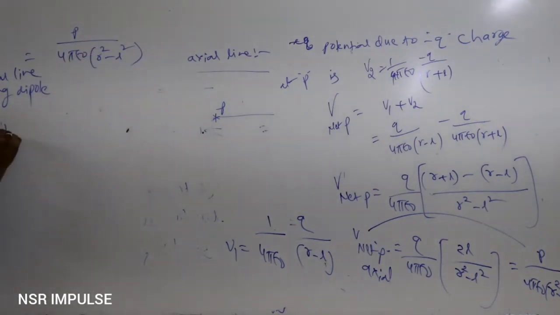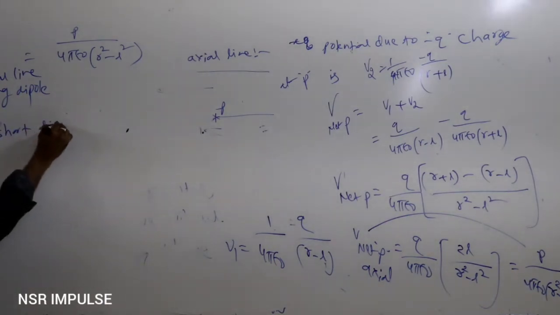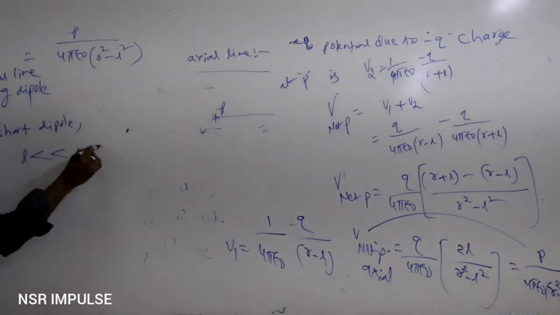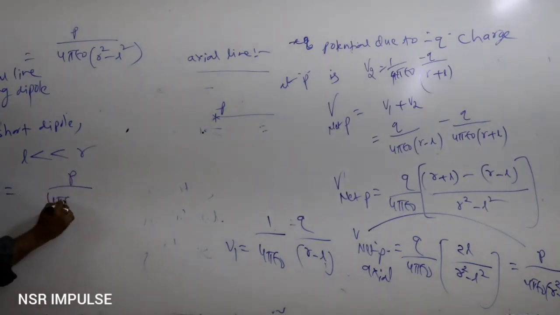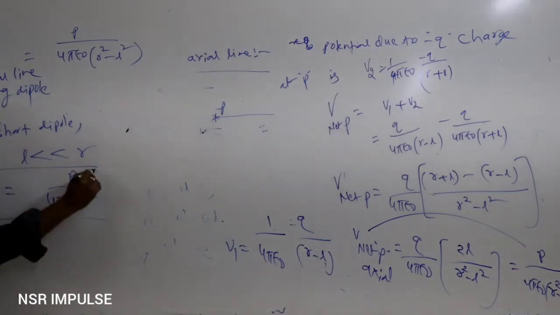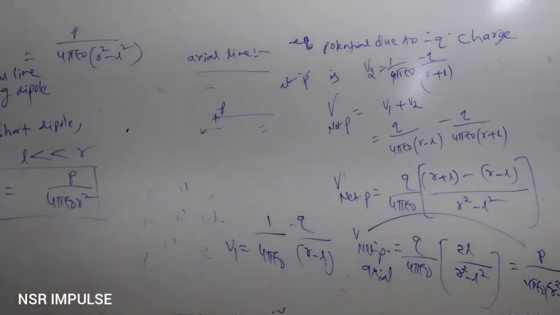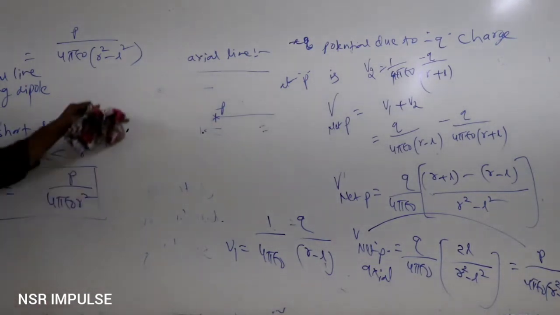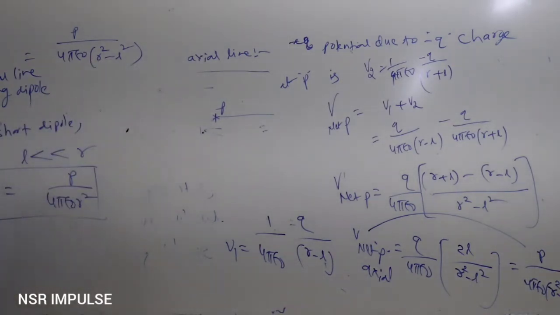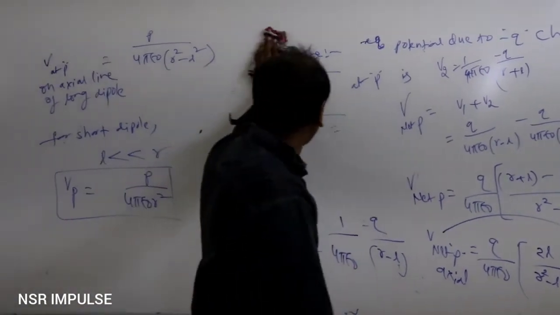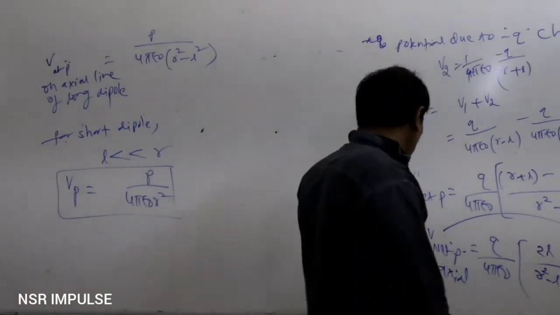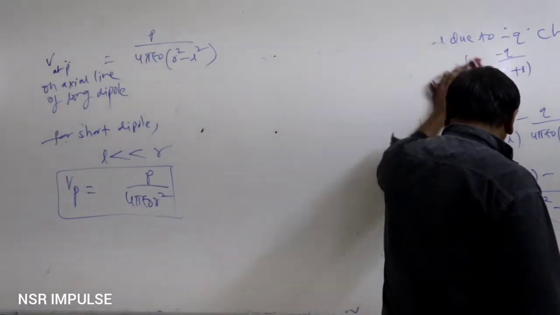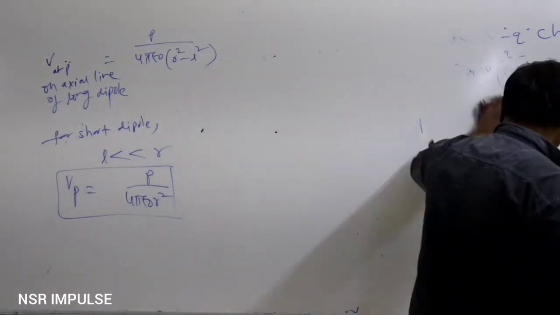The same formula for a short dipole: L is very much less than r, so it is P by 4 pi epsilon naught r square, because L is very much less than r, you can neglect L. So this is the case of the potential due to the dipole on the axial line.